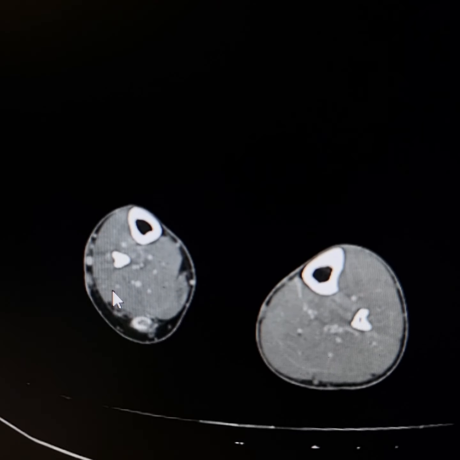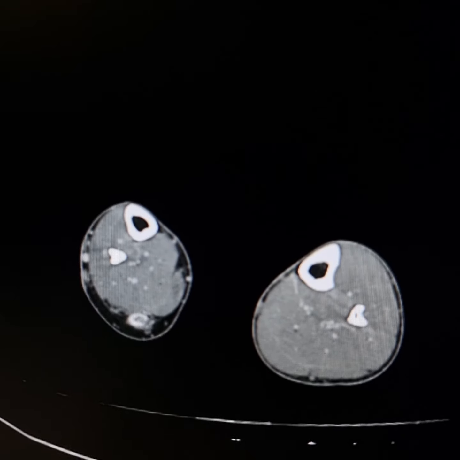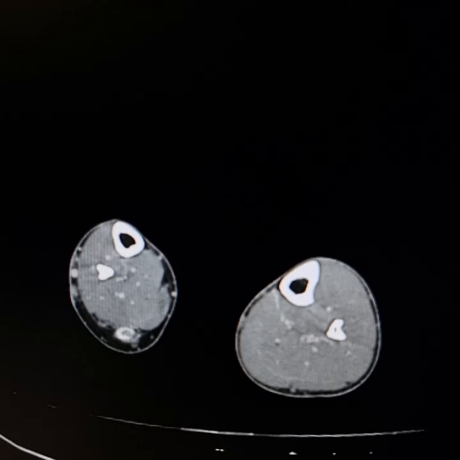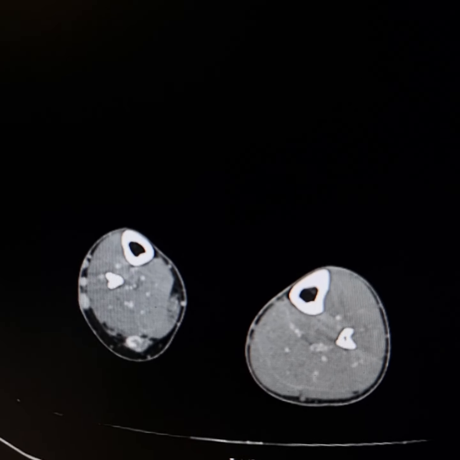Please observe the difference between the diameters of both legs. So this is not a case of Klippel-Trenaunay-Weber syndrome or Parkes-Weber syndrome.